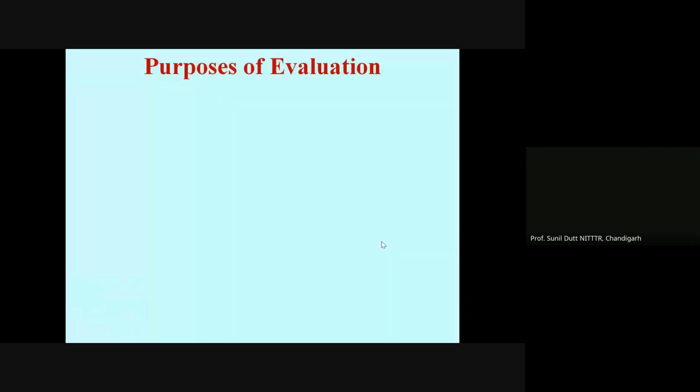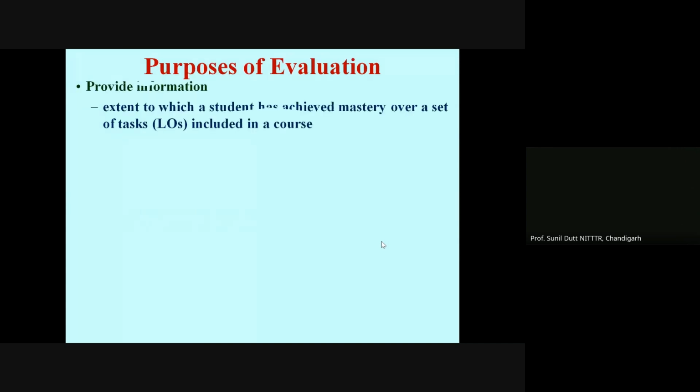Now, the basic purpose of evaluation is to provide information on the extent to which a student has achieved mastery over a set of learning tasks which are included in a course. That is why you need to map course outcomes with learning outcomes and the corresponding questions.